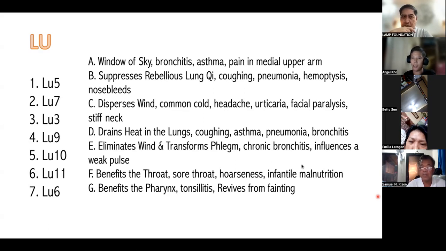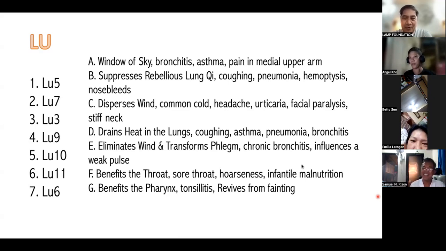Oh, it's Lung 3 pala, Doc. Lung 3. Okay, would you know how to locate Lung 3? Location. Just touch your nose to your arm. That's Lung 3. Okay. Now you know. That's how it is. Easier.